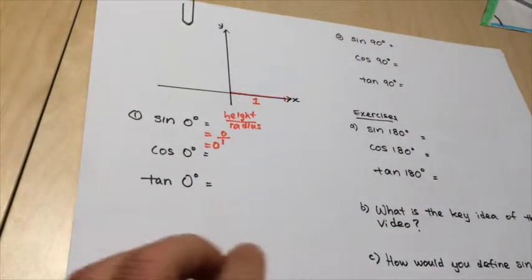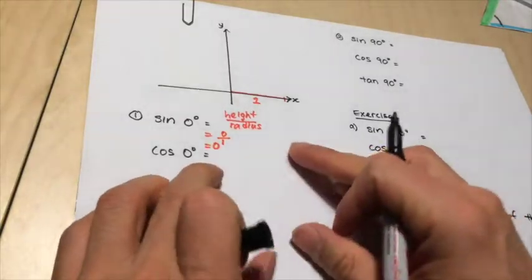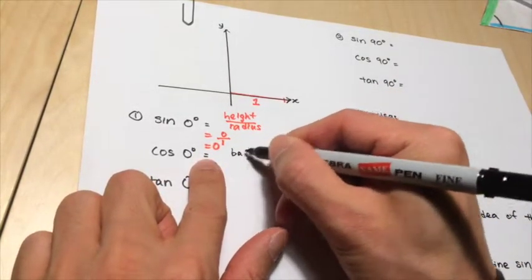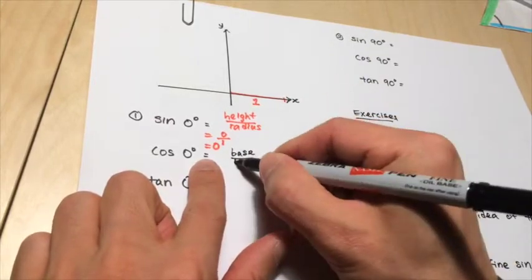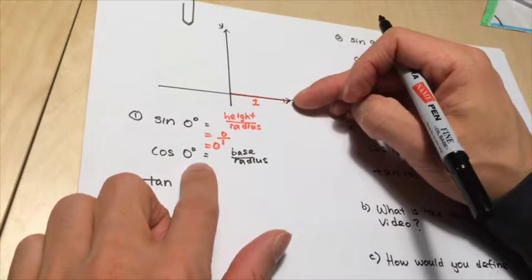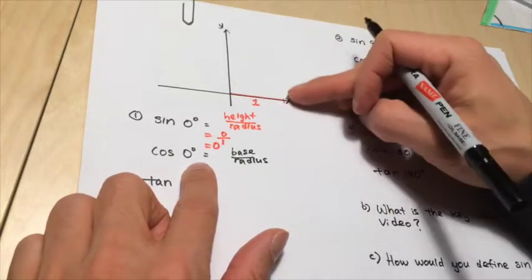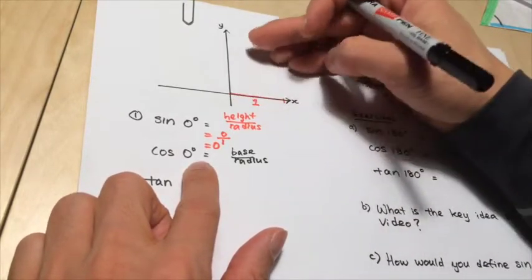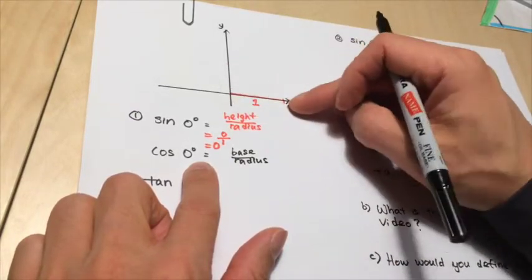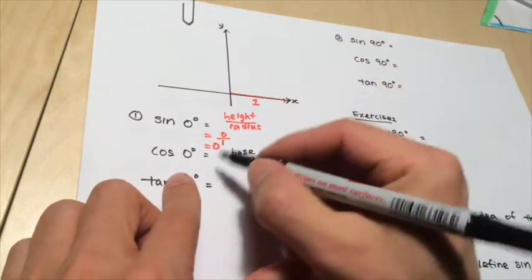How about cosine 0 degree? Well, cosine 0 degree, in this case, should be the base over the radius. Now, you say, well, where's the right angle triangle? Well, actually, there is no right angle triangle, but if you extend the definition of right angle triangle, I can see that, well, the base actually is equal to 1.